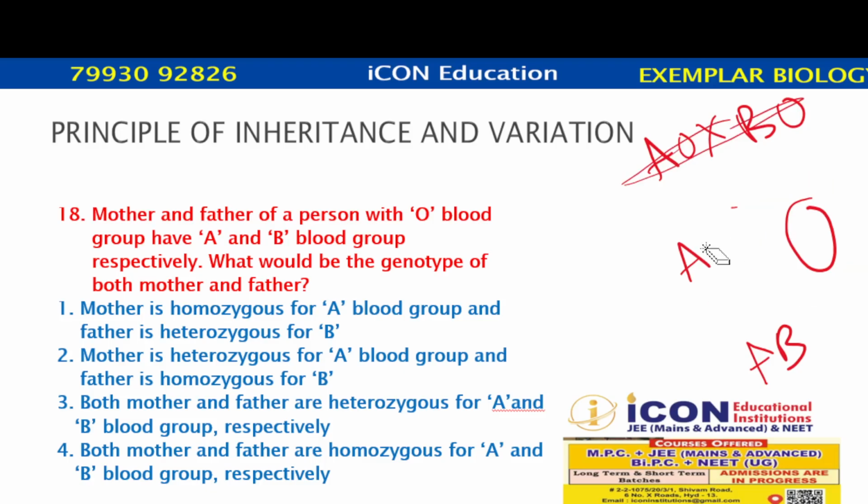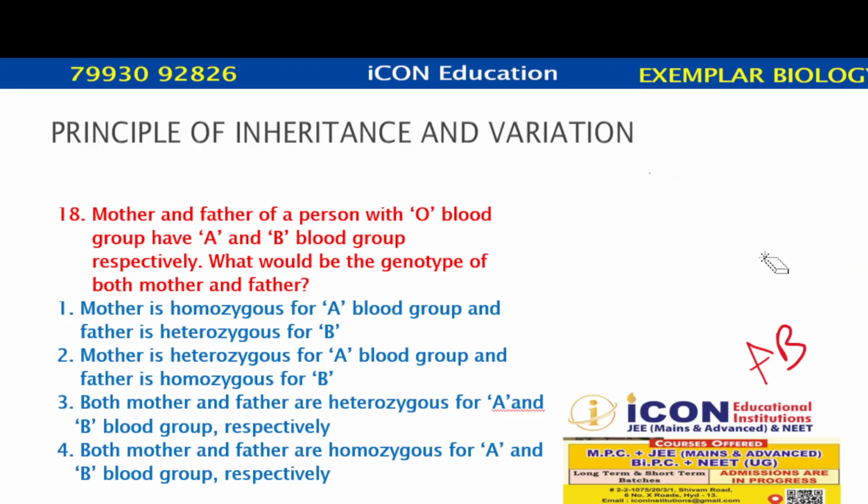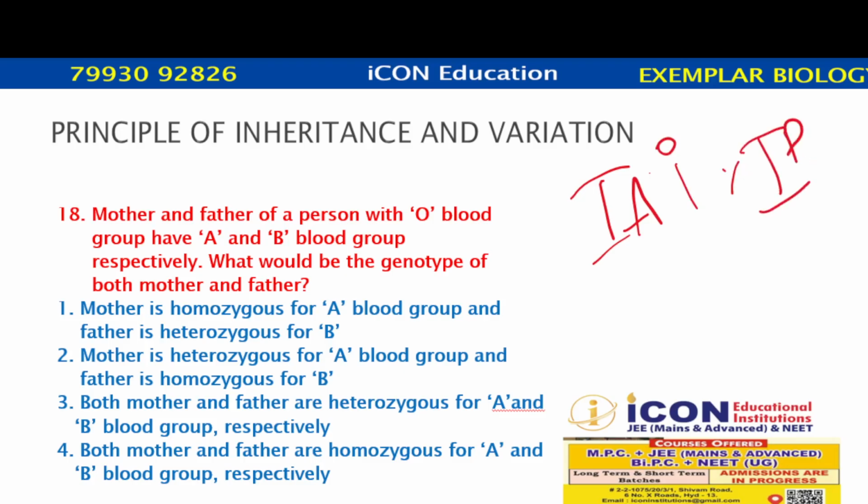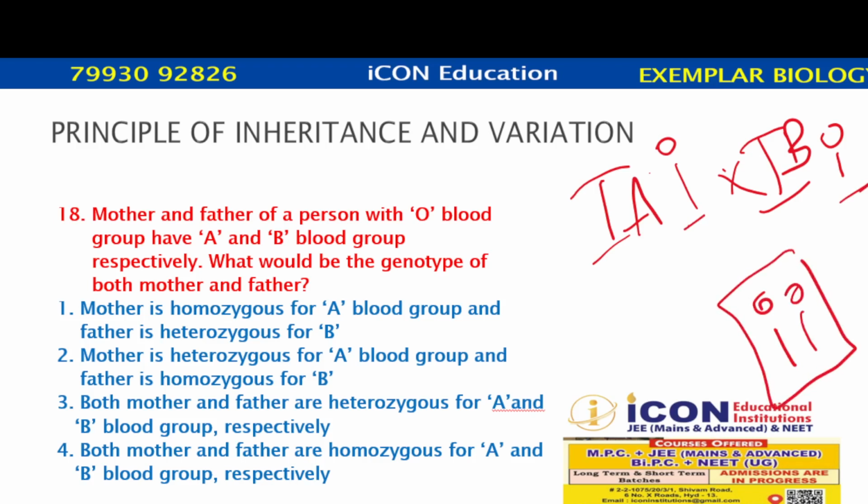Let me erase this. In simple format we can show it to be easily understood. We write it like this: IA i crossed with IB i. So, IA i means A blood group, and IB i means B blood group, and you get O blood group like this, small i small i. So, in that format we can show easily here.